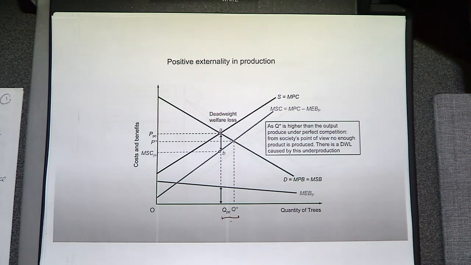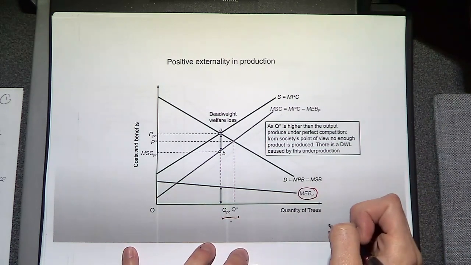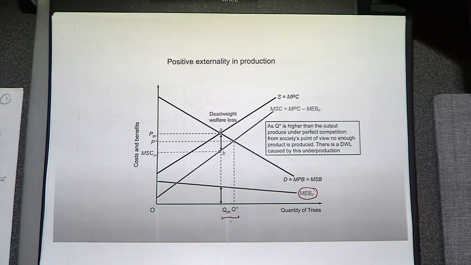So now there is a marginal external benefit from the production of this good. Contrary to the marginal external cost, which was increasing with every unit produced, in this case the marginal external benefit is decreasing with every unit produced. So you get a lot of benefit from the first tree planted, and this benefit increases at a decreasing rate for every tree planted.